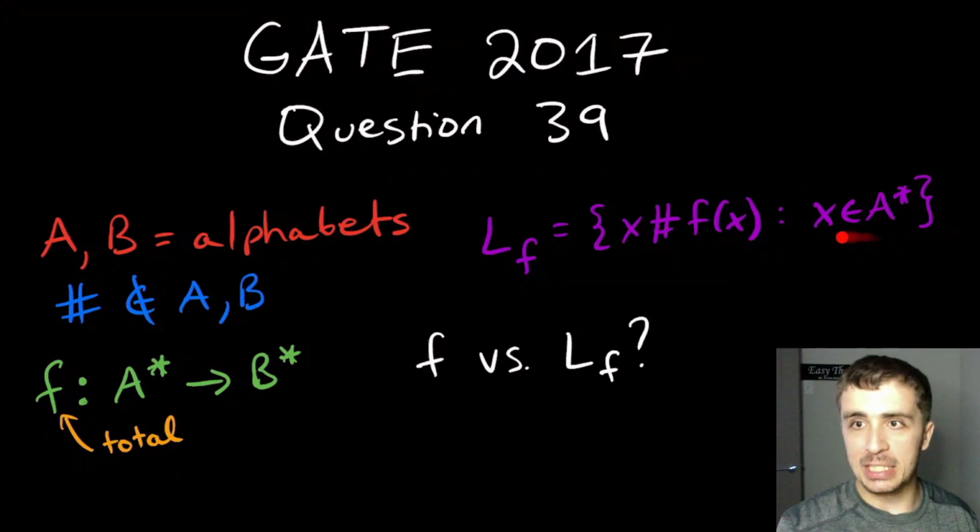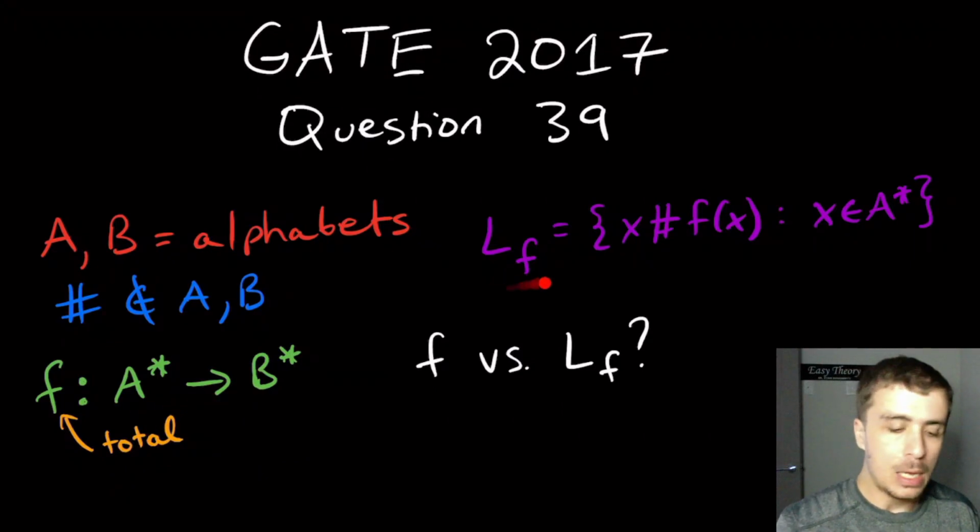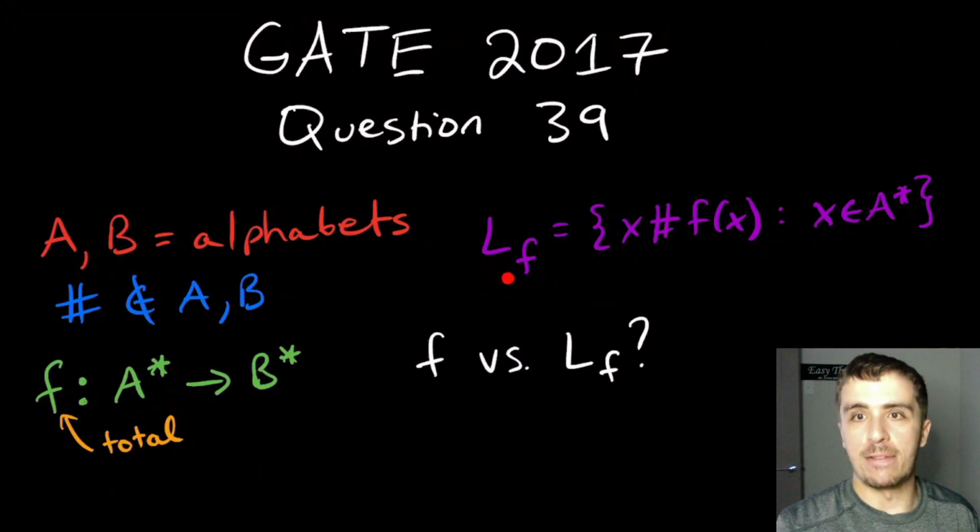Remember, x is in A star, so f of x is defined. So this string is of the form some string in A star, followed by a pound sign, followed by some string in B star. And the thing on the right side could be totally arbitrary because the function, other than being total, is completely arbitrary. So that's what the L sub f language is.